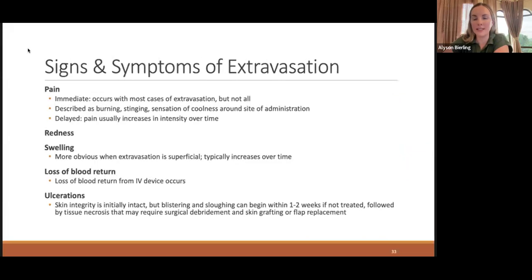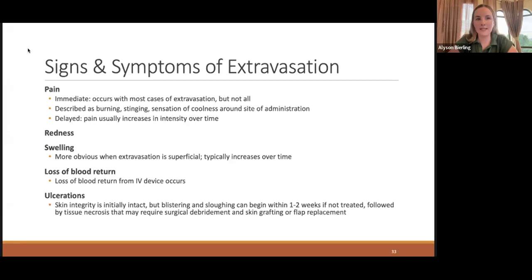Extravasation is a term that we use to describe infiltration of a vesicant. So if you're administering doxorubicin and the doxorubicin leaks outside of the vein and is administered into the tissue, that is called extravasation. So what are some signs and symptoms of extravasation?